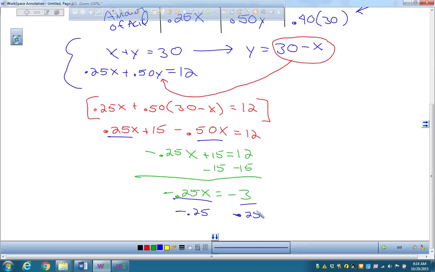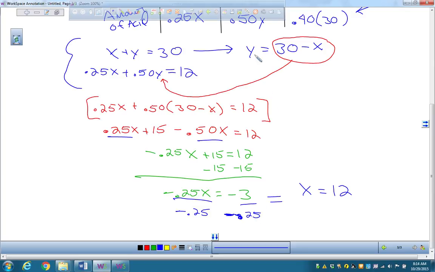Anyone know what that's the same as multiplying by? 4. It is the same as multiplying by 4. So when I multiply both sides by that, I get x equals 12. Or if I just use my calculator and divide it by that, I get 12.